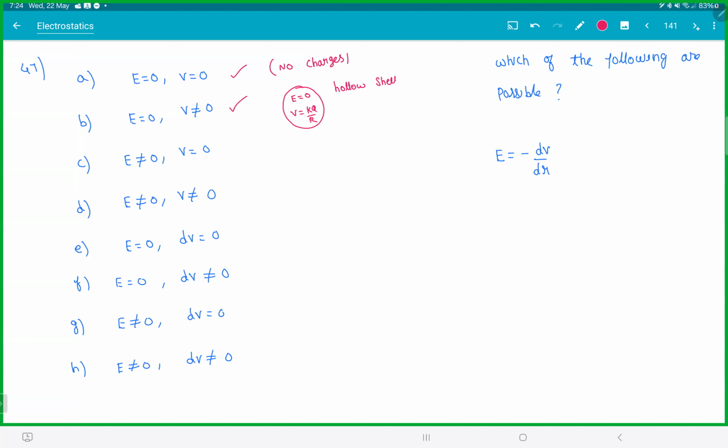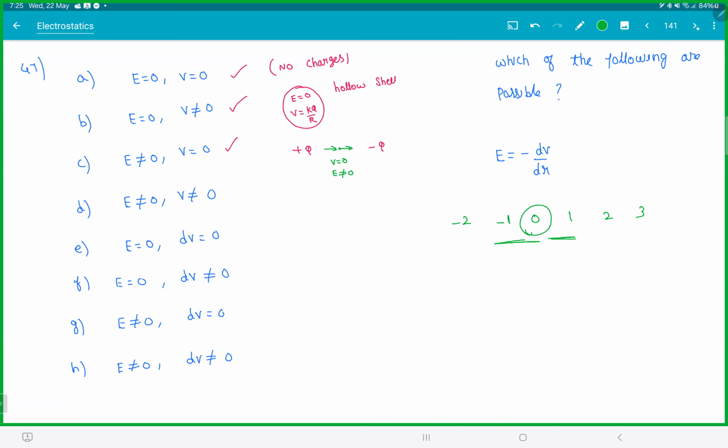E is not 0, but potential is 0. Possible? If you take plus q and minus q, exactly at the center, V is 0, but field is not 0 because they will add up in the same direction. The mistake you guys made was you thought, oh, V is 0 so E should be 0. Tell me one thing, if you have potential like this, -1, 0, +1, 2, 3. V is 0, but is the change in V 0?